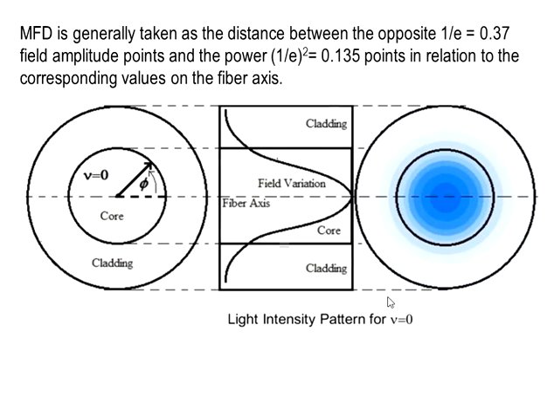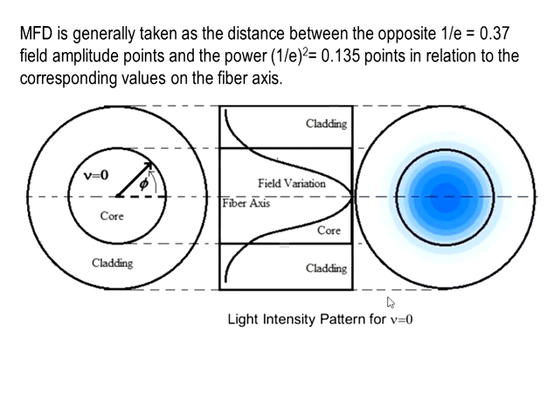It is the distance between the opposite 1 by e, that is 0.37 field amplitude points, or the power 1 by e square, which is 0.135 points, in relation to the corresponding value on the fiber axis.